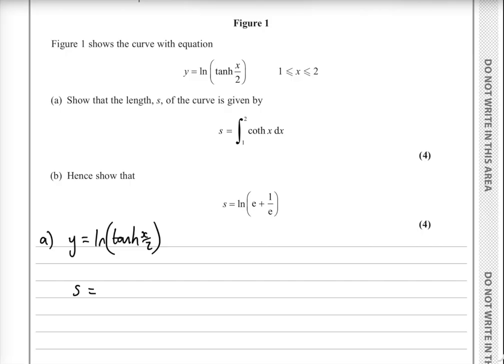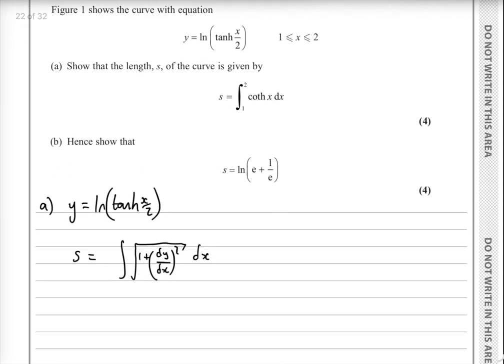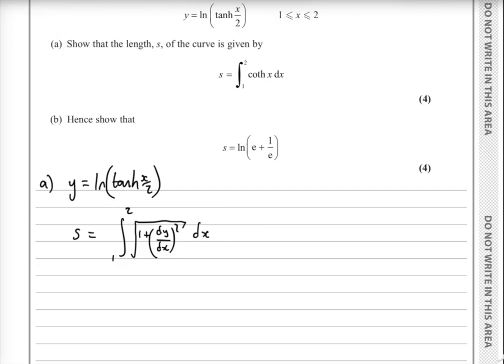This is in the formula booklet, and it's the integral of the square root of 1 plus dy by dx squared dx, and we're going from 1 to 2. So although we're integrating overall to get that arc length, we're differentiating to figure out what that integral has to be.